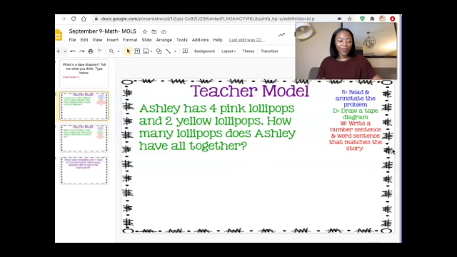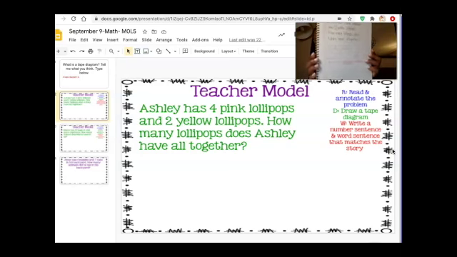Cool. Now, here is my finished product. I annotated my problem. I drew a tape diagram. And then I wrote my number sentence and a statement, a word sentence that matches the problem.